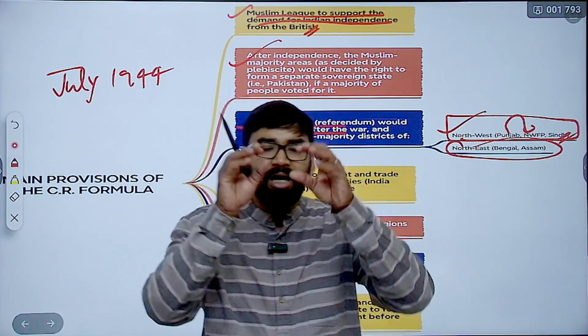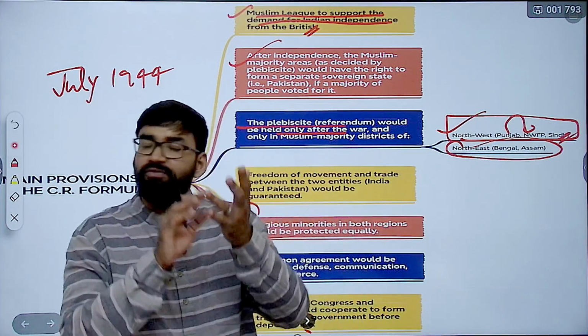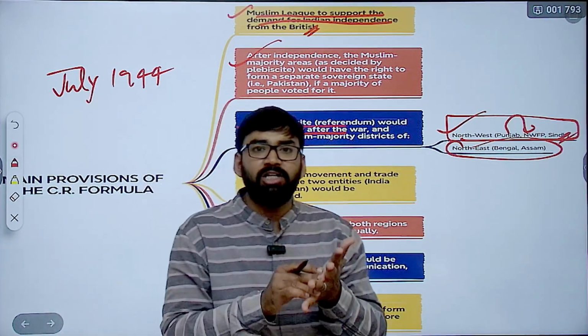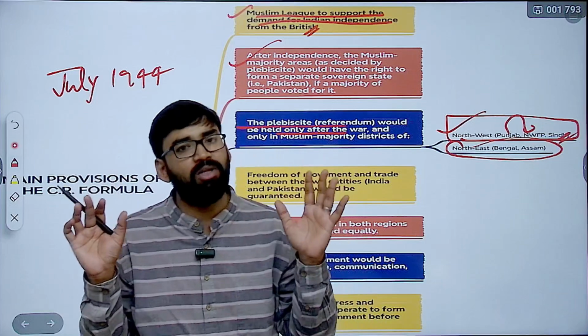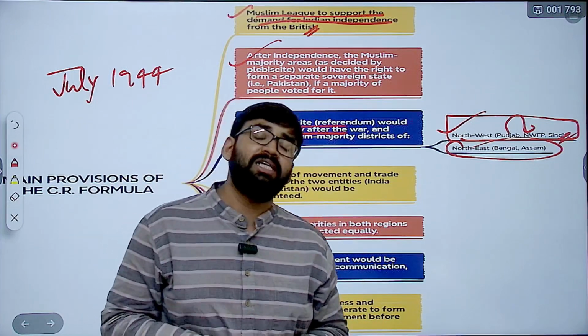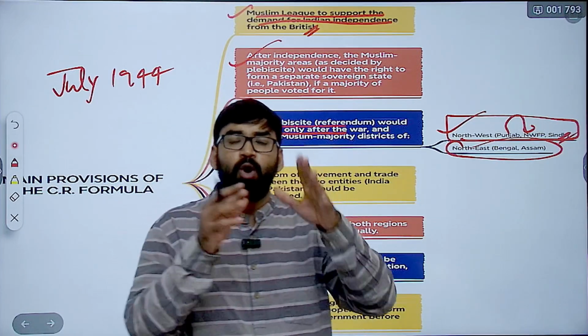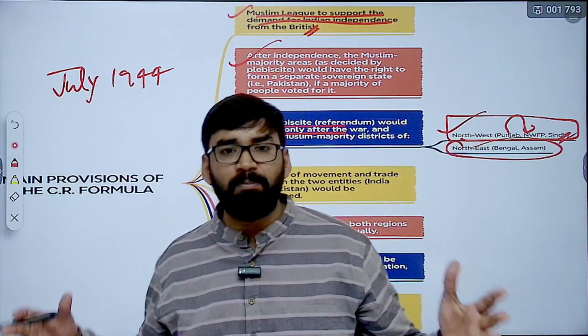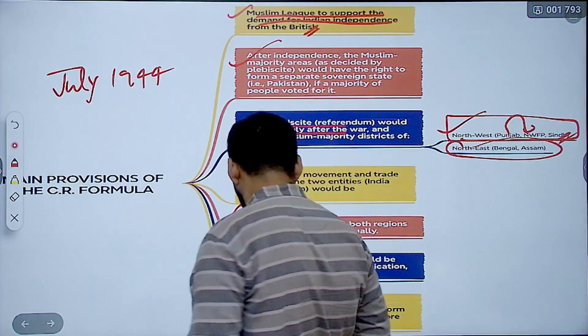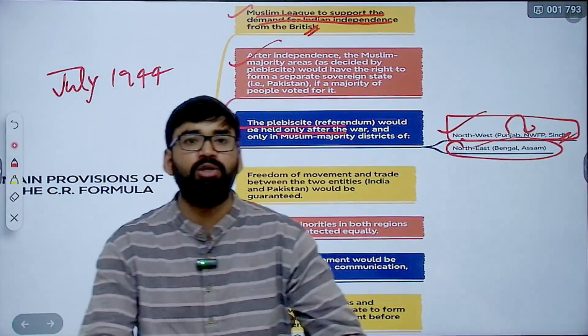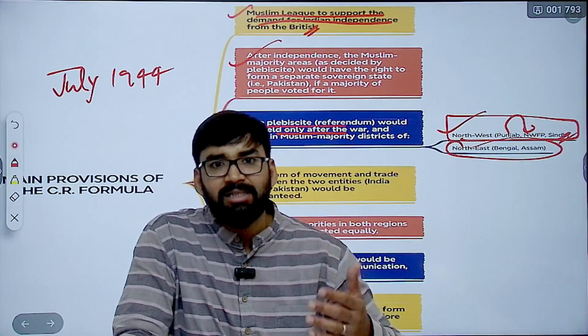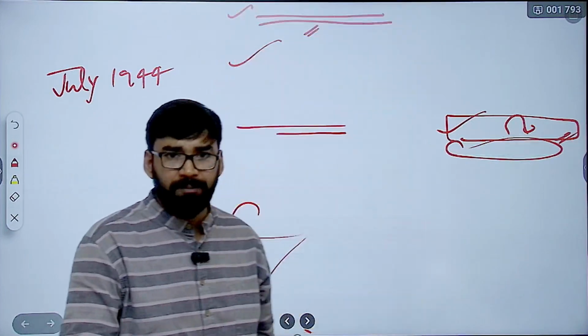Then a common agreement would be made for defense, communication and commerce. This will be common in both the countries. Then both parties, that is Congress and Muslim League, would cooperate to form a transitional government before the independence. So before the independence, both the parties should form in their areas a transitional government.